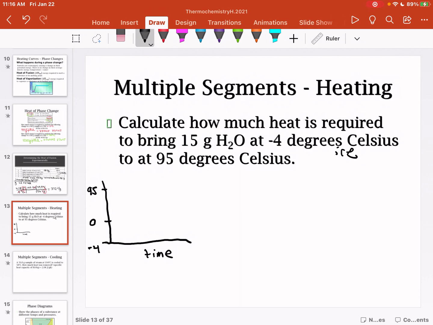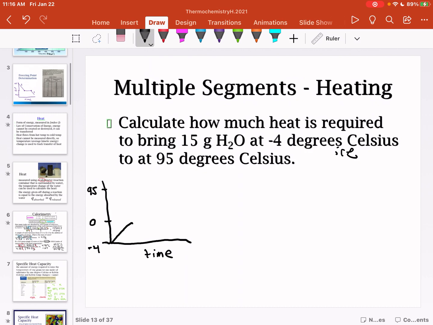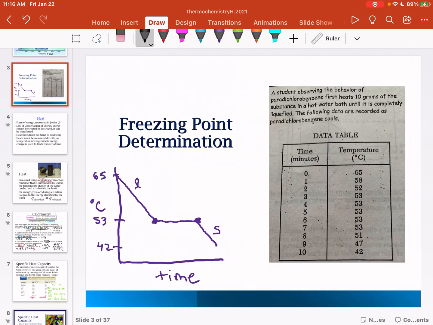So what has to happen? I have to heat up the ice from -4 to 0. And what's going to happen? Just like when we saw this earlier, when we have the phase change experimentally, I'm going to get that same temperature several times in a row, and I'm going to get a plateau.